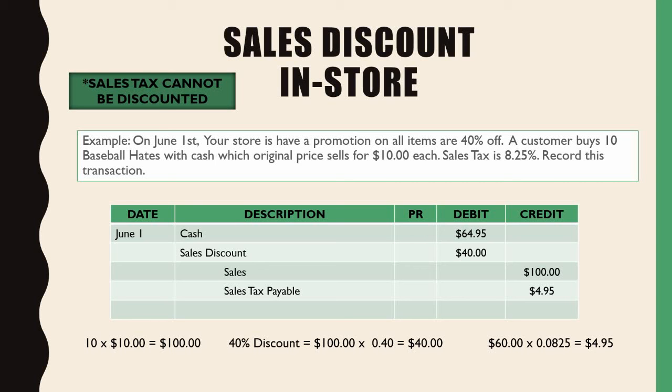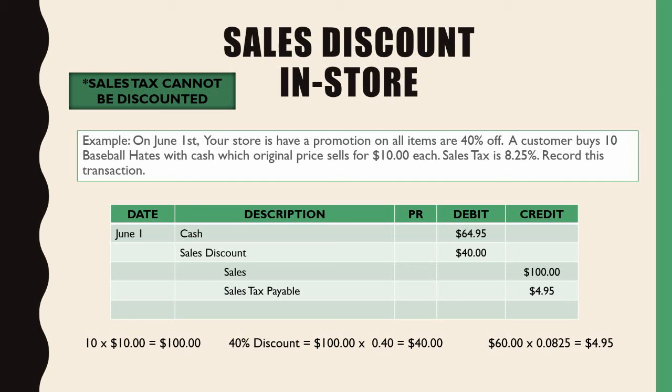But I have to charge sales tax. In this case, you cannot charge sales tax on the full original price. You can only charge on what the customer is going to leave the store with. So we must calculate tax off the discounted price. 100, my original sales, minus 40 gives you the total selling price of $60.